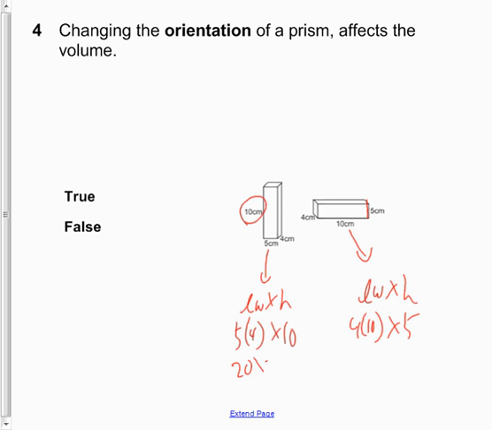When we work out the math, we get 200 centimeters cubed as the volume here. And over here, we also get 200 centimeters cubed. So even though we probably knew that the volume doesn't change if you rotate the box, using the formula, it does prove that the volume does stay the same.